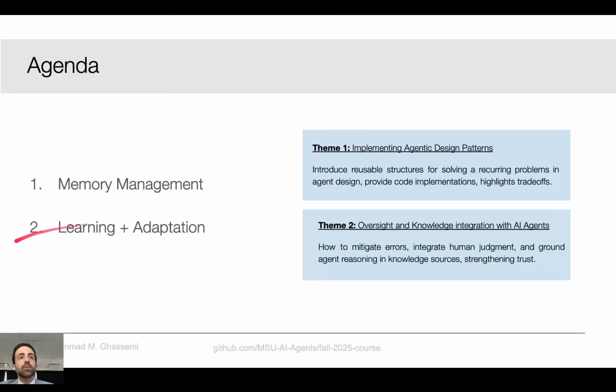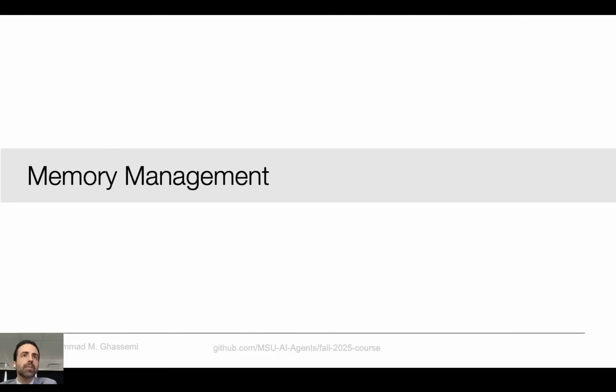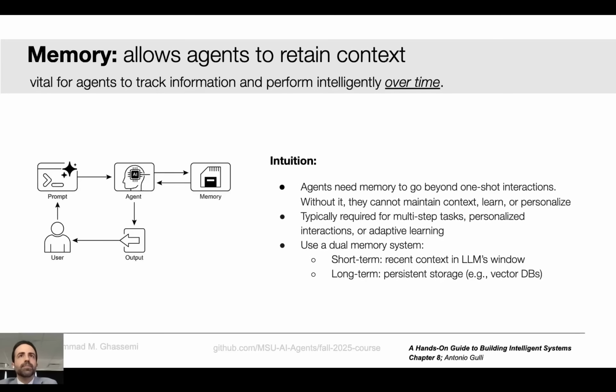And when it comes to the learning and adaptation module that we'll be covering, I'll try to give you an overview of how specifically the learning is performed by covering some of the equations and a few of the prominent methods that are used for doing the adaptation of LLMs to facilitate better quality agents. So with that, let's dive into the memory management portion of today's lecture.